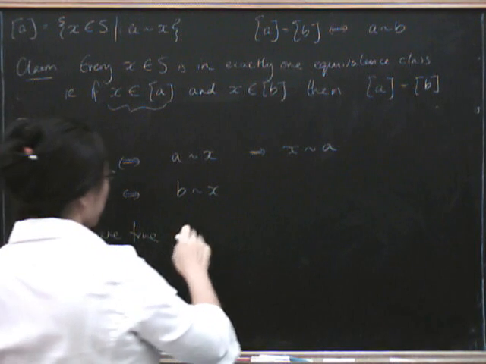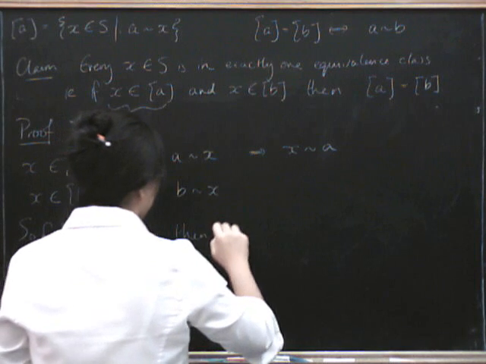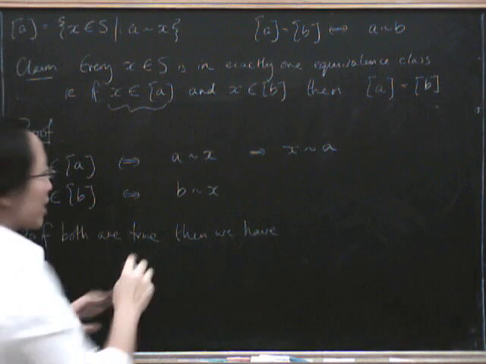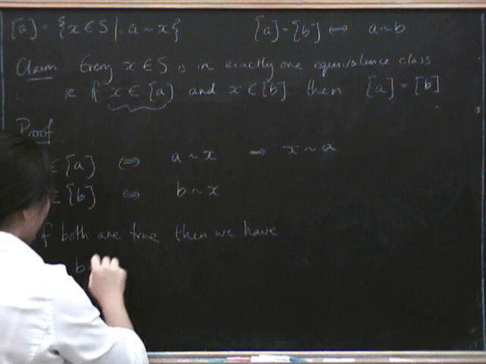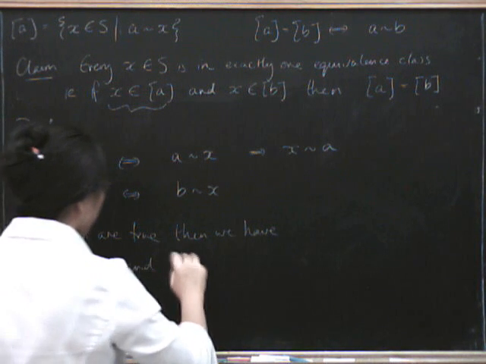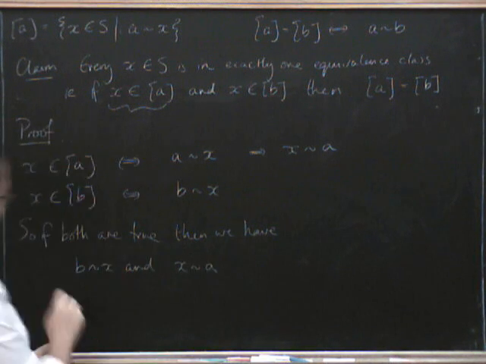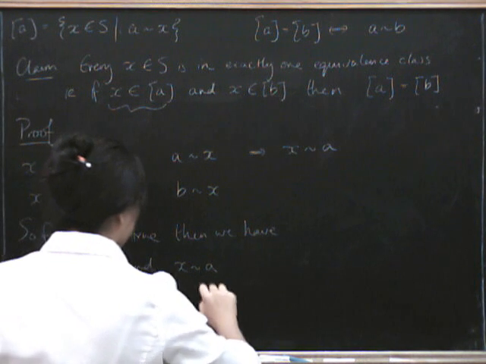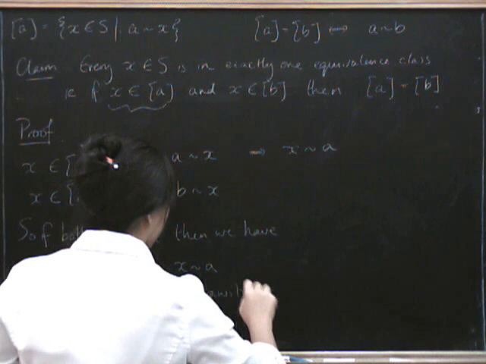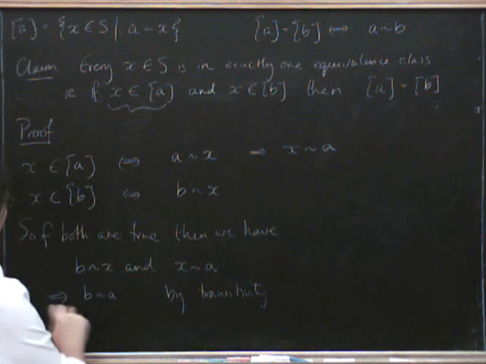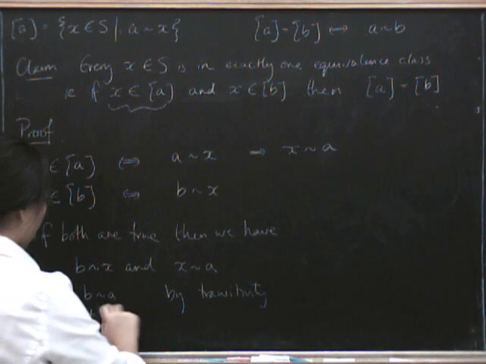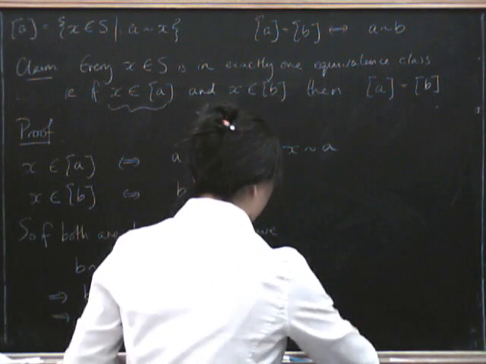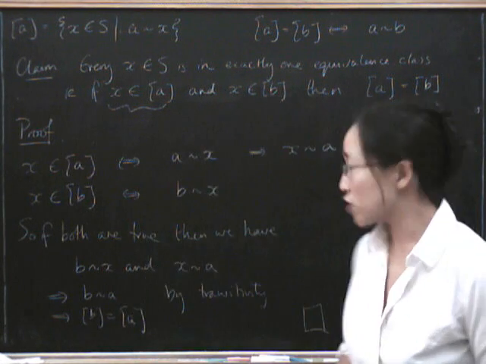So if both are true, then we have, I've nearly run out of time, B is related to X and X is related to A, but by transitivity that means that B is related to A. And so that implies that the equivalence class of B is equal to the equivalence class of A, as required. I'm going to draw a box to show that I've finished.